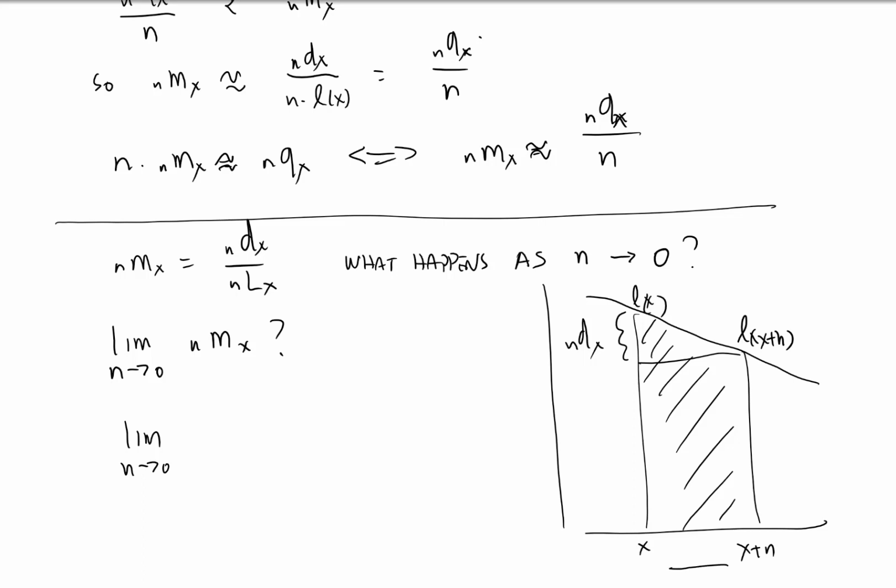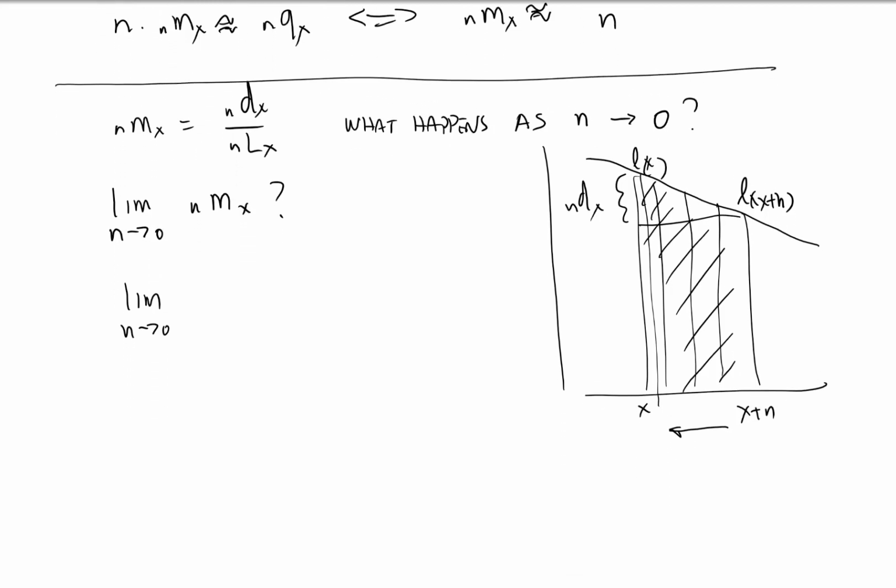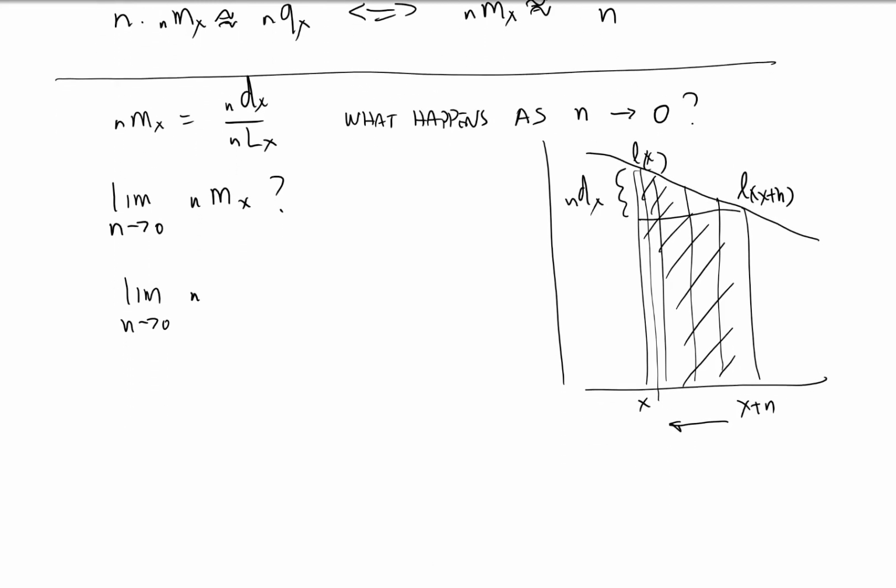As n gets smaller and smaller, what we're doing is we're making narrower and narrower strips. And we're going to look at the mortality rate as we get closer and closer. Now, what was ndx? Let's see, so the limit as nmx goes to 0.